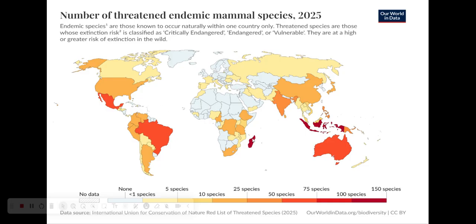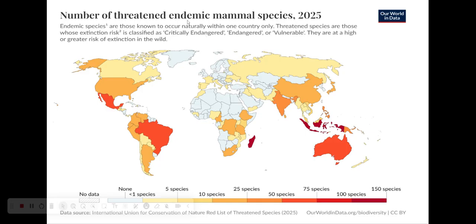So if we take a look here, unfortunately, a lot of our endangered and threatened species tend to be in the Pacific islands, right over here in Indonesia, Australia, Madagascar, Brazil, Mexico, and then some of these gray countries here, it's not that they might not have many, it's just that they're not endemic.